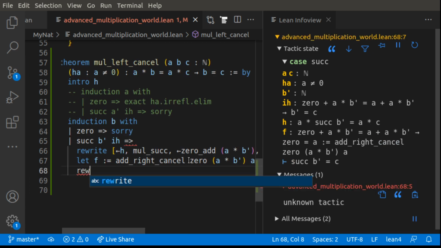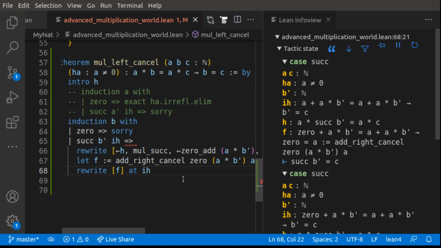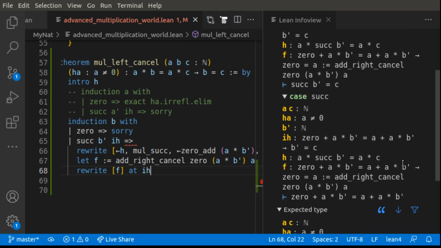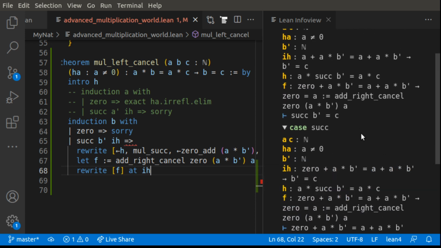Can I really not do rewrite F at IH? Well, I can, but then I get into some weird situations, which I don't think I want. Do I? IH, A plus A plus.